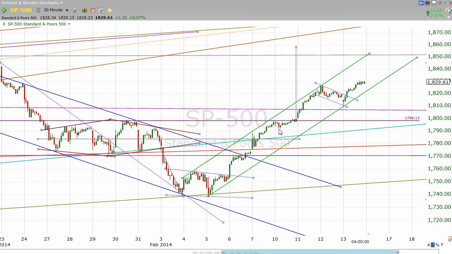Then it broke, came down to this non-specific area. It just came down 1%, 1.5%, 2%, whatever it was, and then started going back up.